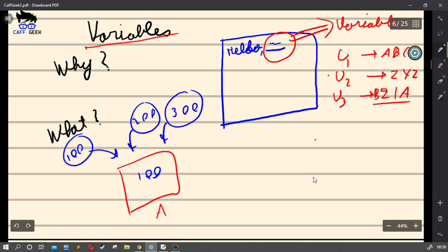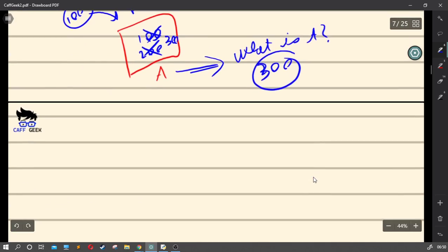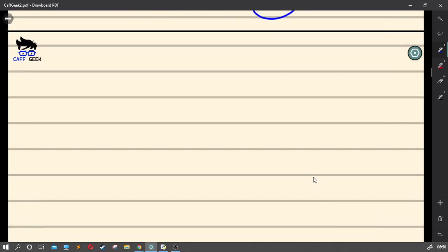So when we ask what is A, it will depend on which value is currently stored. Maybe I remove 100 and store 200, it will say the output is 200 in A. If I remove 200 and store 300, and I ask what is A, it will say 300. So it will change according to what is stored. So it's called a placeholder.